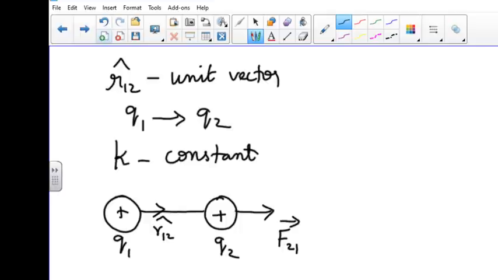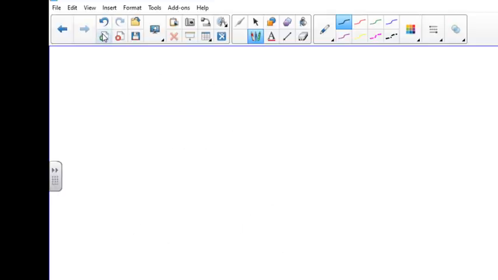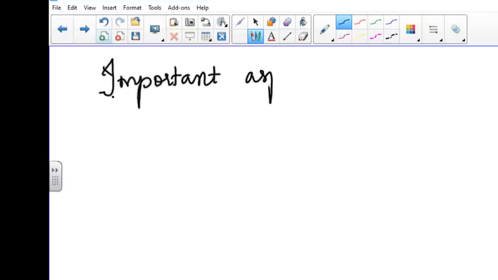Now we will see what are the important aspects of this Coulomb's law. The first aspect is the statement of the law. What is the statement of Coulomb's law?